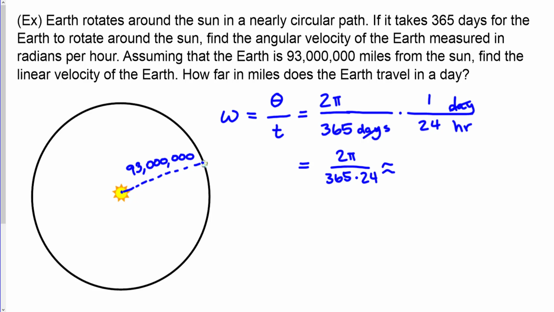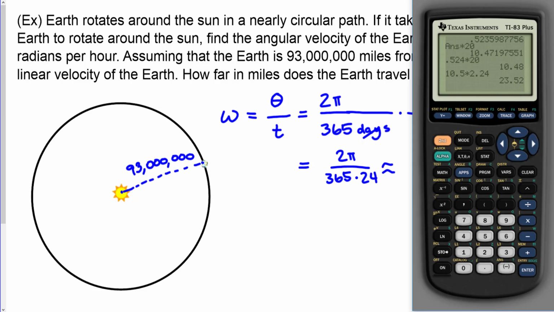So, clear everything off. 2 pi divided by 365 times 24. I get 7.17 and then e minus 4 at the end.